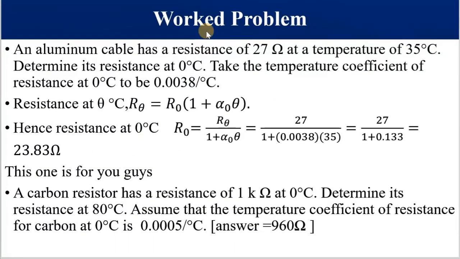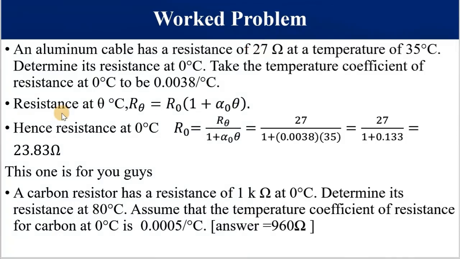Work problem number 2. This time you are being asked to find the resistance at 0 degrees Celsius after being given a resistance of 27 ohms at a temperature of 35 degrees Celsius. We want to see whether the resistance will be lower than 27 ohms. Let's see.